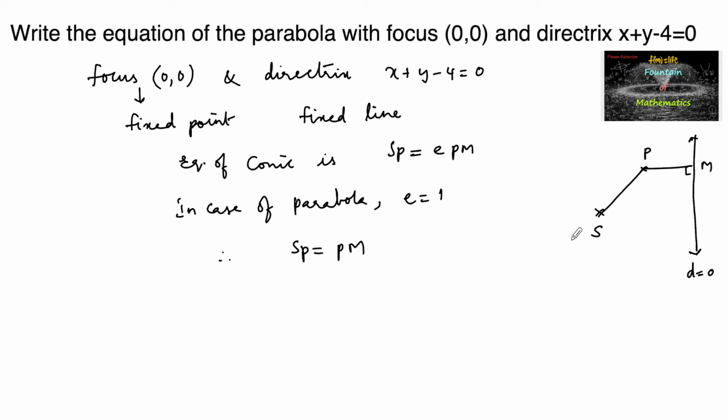So let the focus be given, S is the fixed point, that is the focus (0, 0), and the directrix is given as x plus y minus 4 equals 0. So we can also write this as SP, the distance between S and P. So let us consider the moving point, say (x, y), or let us consider (h, k).